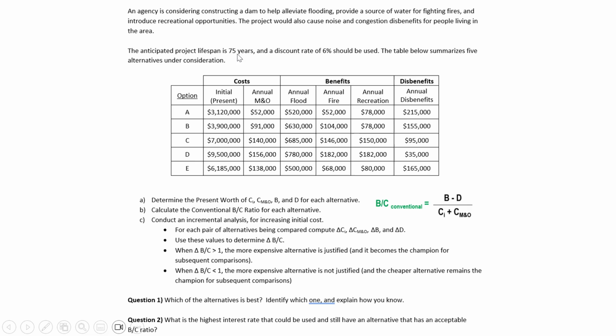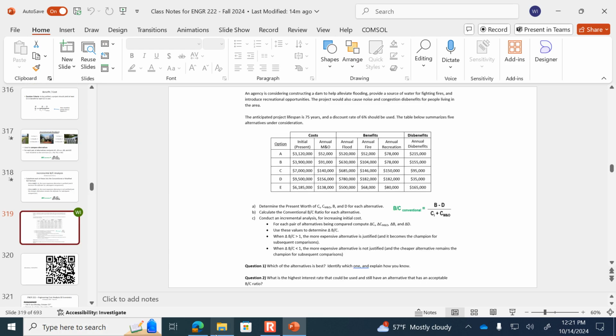It says here that the project lifespan is 75 years and 6% is the interest rate you need to apply. So find the present worth of everything and then calculate the conventional B to C ratio just to see if any of these 5 options should be rejected through initial screening. So do the initial screening here in part B, and then from there we'll do the incremental analysis.